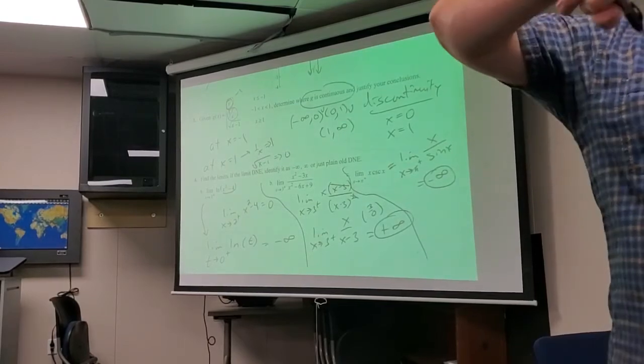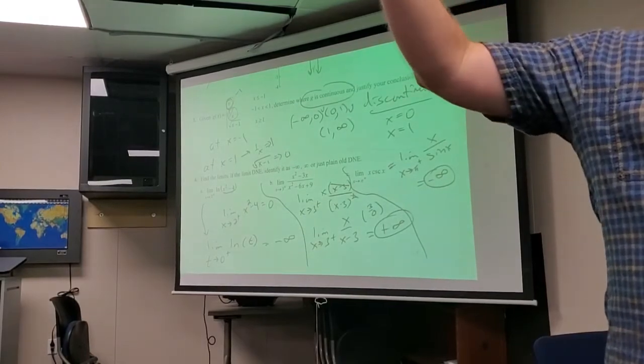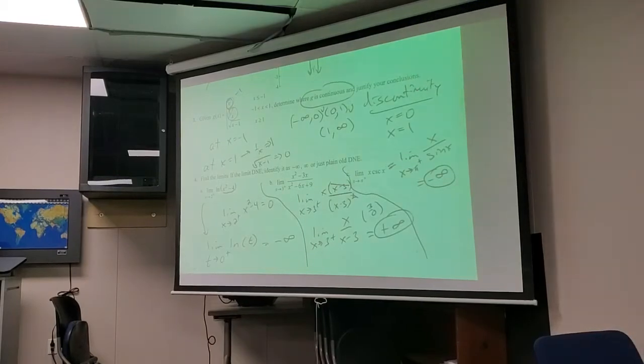What quadrant am I in if I have angles greater than pi? I'm in the third quadrant, correct? So I'm going like this. And what's true about sine in the third quadrant? It's always what kind of number? Negative. That's why it's negative infinity, because those are getting really, really tiny negative. So the whole thing's getting really, really big negative.